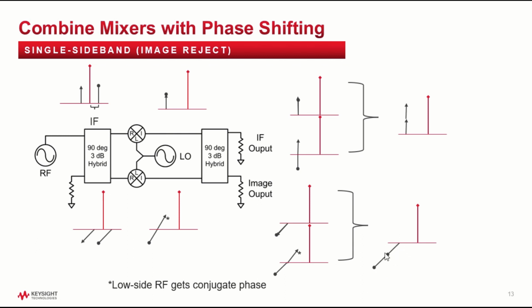And now this IF signal represents the high side signal, down converted to the IF, and the low side signal is image rejected. And pretty obvious from these plots, if your 90-degree shift isn't really 90 degrees, then you're going to get a little leftover signal from one of those paths, and that signal will show up as a little error signal overlapped on our IF signal.